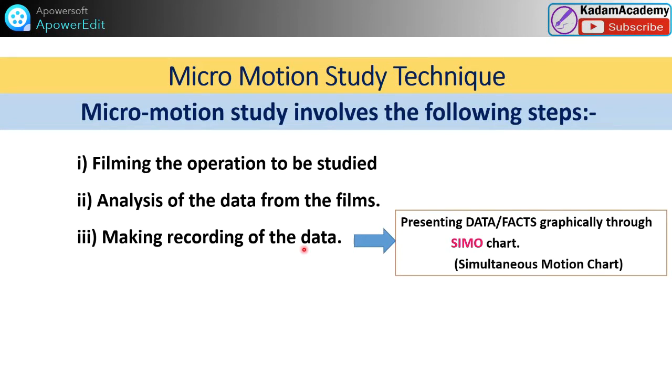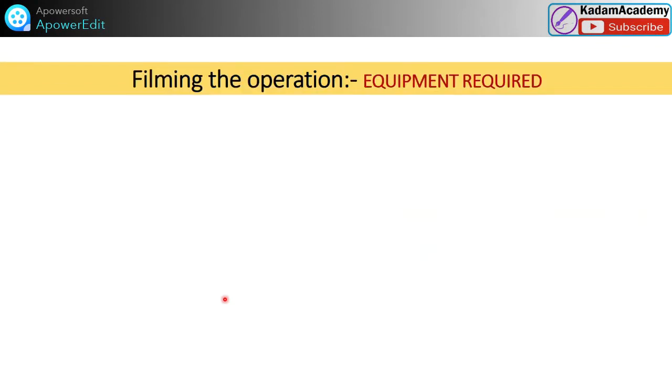In this, we are going to study the SIMO chart, presenting data and facts graphically. That is the simultaneous motion chart. After that, we develop the improved method and implement it for the next one.